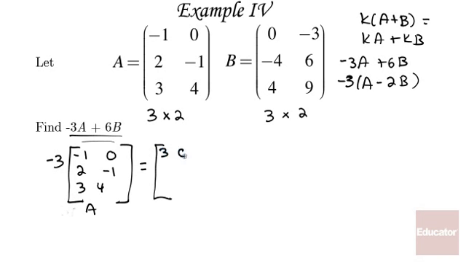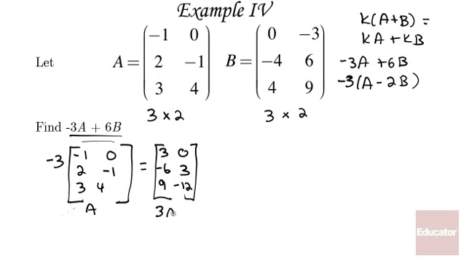Negative 3 times 0 is 0. Negative 3 times 2 is negative 6. Negative 3 times negative 1 is 3. Negative 3 times 3 is 9. And let's see, then I've got negative 3 times 4 is negative 12. Okay, now what I also need to do is find 6B.